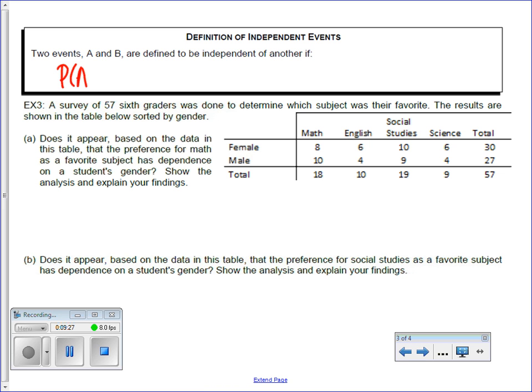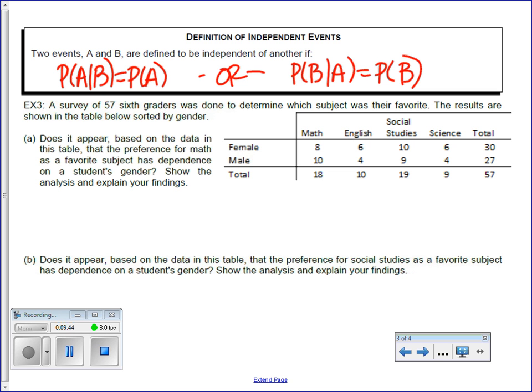If the probability of A given B is equal to the probability of A, then they are independent events. If the probability of B given A is equal to the probability of B, then they're independent events. Just 2 ways of thinking about it. So I want you to just notice what's going on.